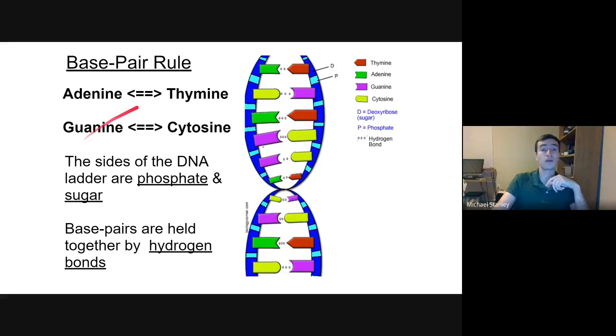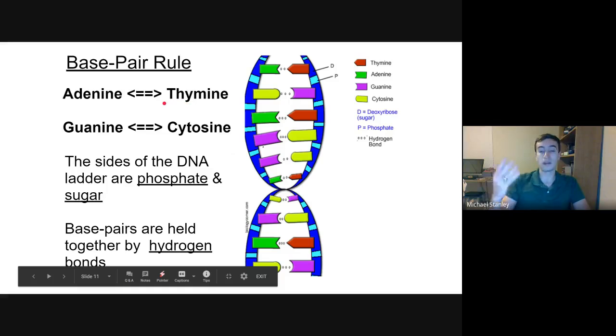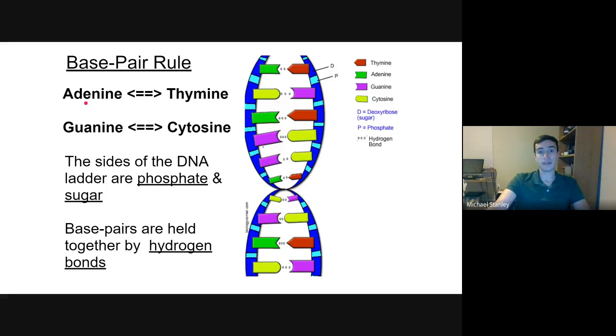If they ever don't line up this way, that means something's wrong with the DNA. The DNA is a little bit broken in some way. But in normal, healthy DNA, you should always have A's and T's together and G's and C's together.